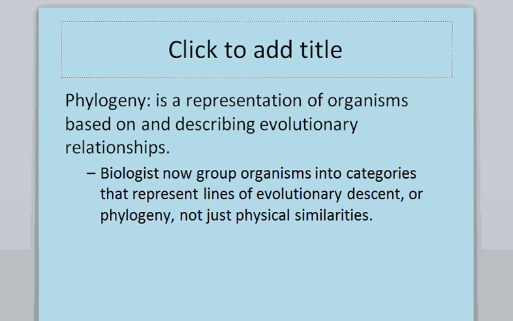Again, all we're doing is we're taking Linnaeus's hierarchy and adding a period of time to it and how it has changed. Biologists now group organisms into categories that represent lines of evolutionary descent or phylogeny, not just physical similarities. So again, we're looking at a timeline along with the classifications.